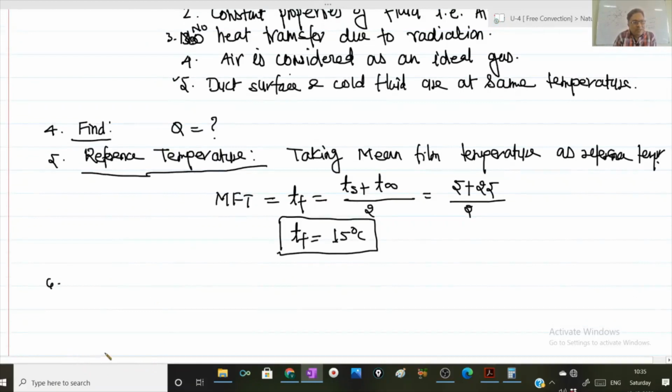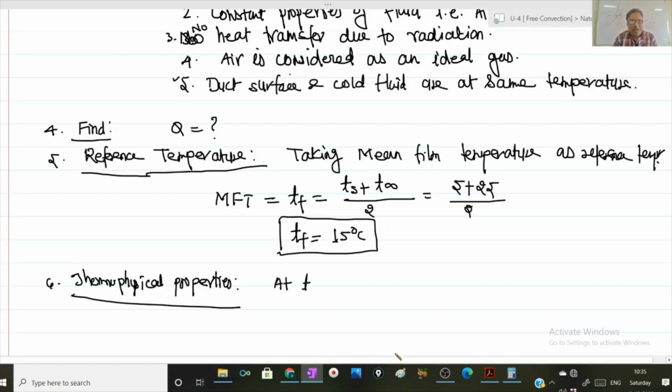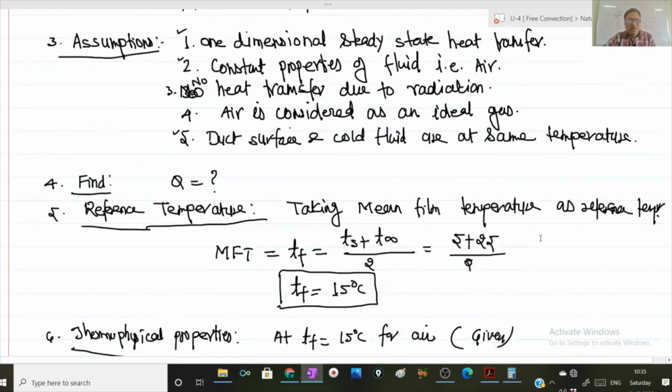After this, let us obtain thermophysical properties. So thermophysical properties can be obtained at reference temperature of 15 degrees Celsius for air, and these thermophysical properties we are supposed to obtain from the given values.